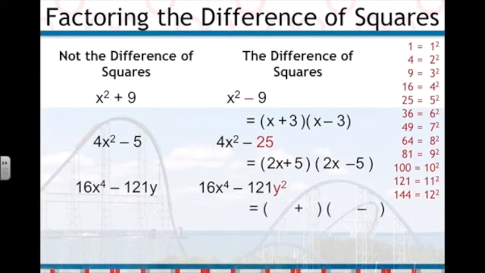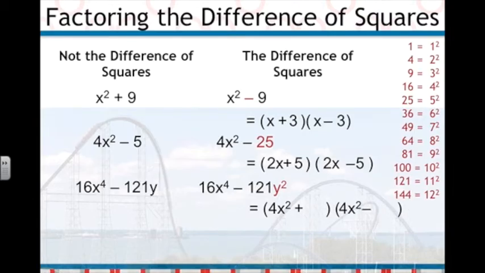After we write down the parentheses with the signs, we need to find the square root of 16x to the fourth. The square root of 16 is 4, and we can split the x to the fourth up evenly into x squared and x squared. So, 4x squared is the first term of each conjugate.